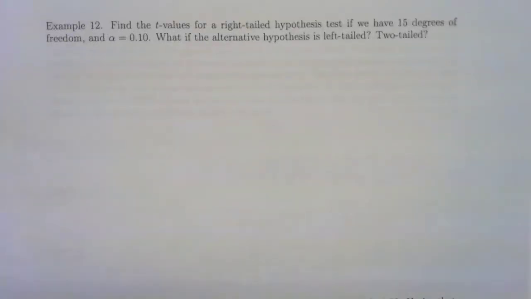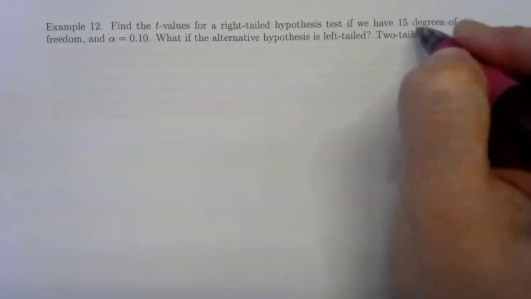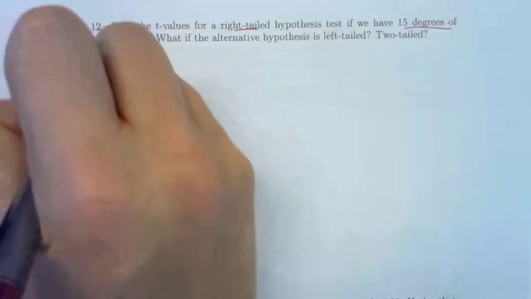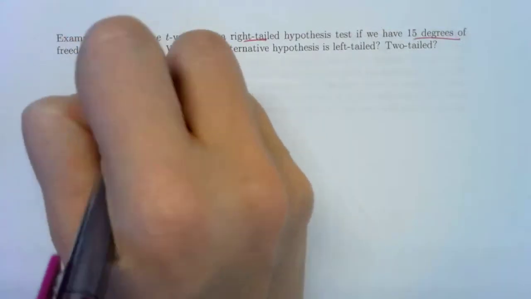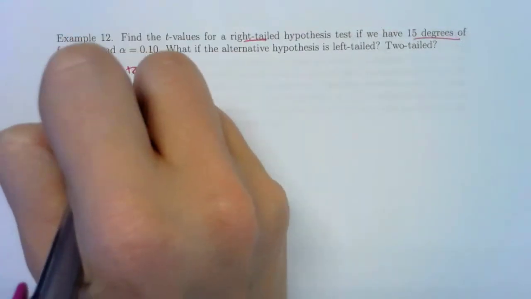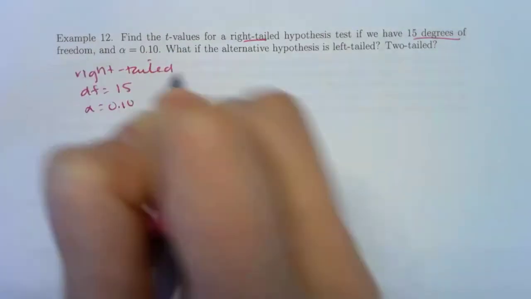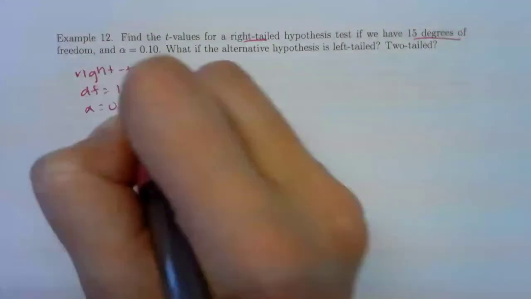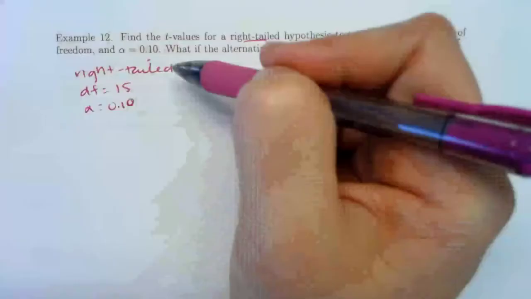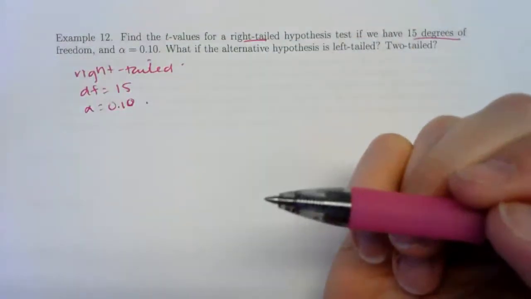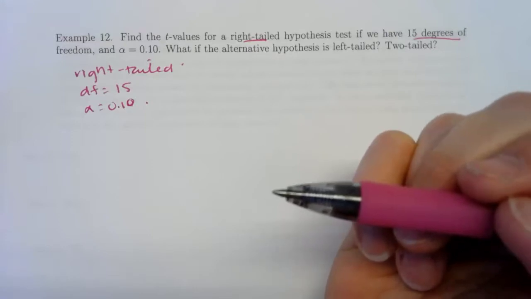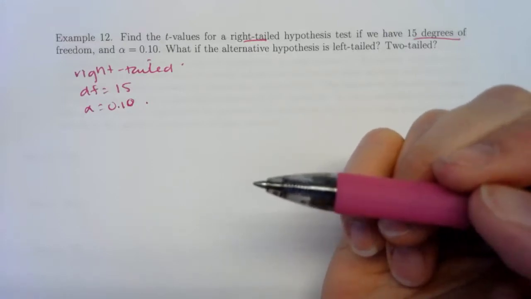So we're told we have 15 degrees of freedom, a right-tailed test. So right-tailed, DF equals 15, alpha equals 0.1. Remember, for proportions, we needed the tailedness and the level of significance. With the t-table, we now need the addition of the degrees of freedom.